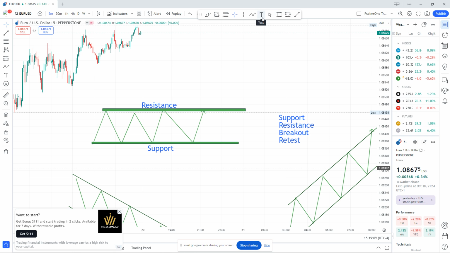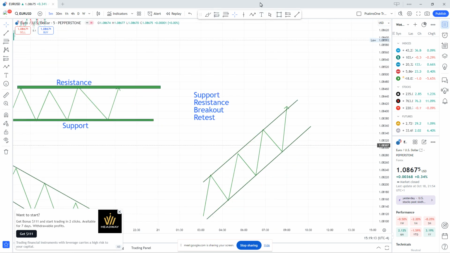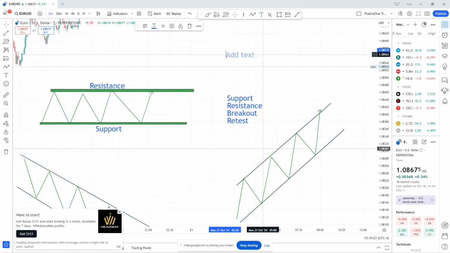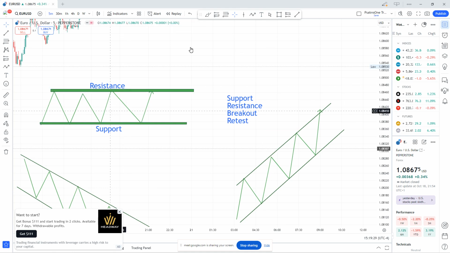Then all of a sudden it can break down. So breakout can be in two forms. Price can break out in the upward direction or downward direction, please. So what do I mean by that?